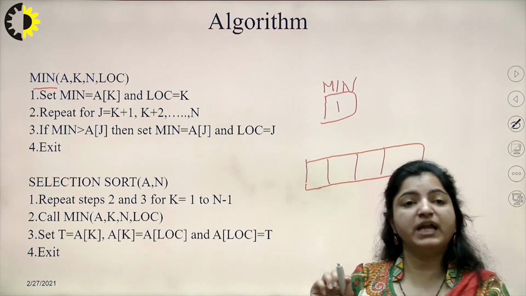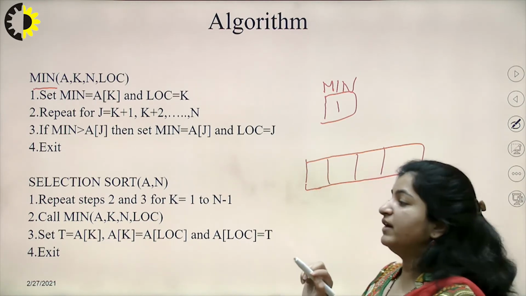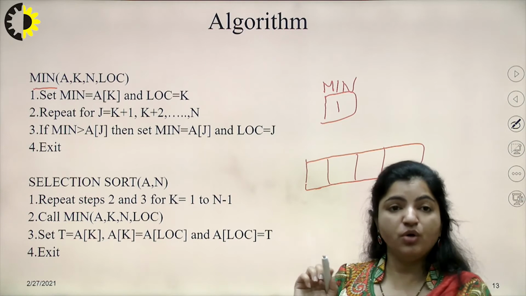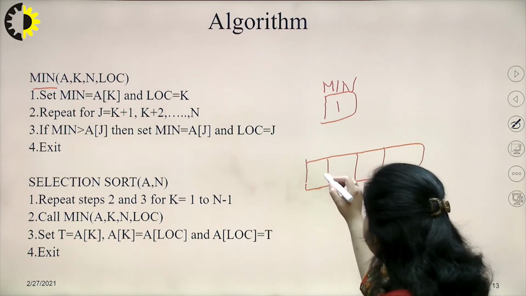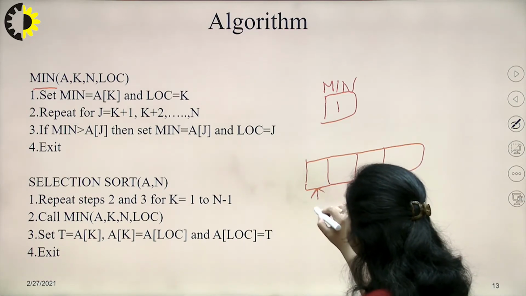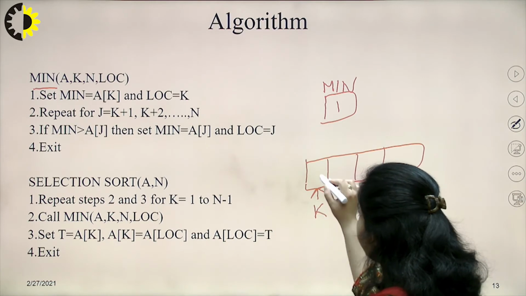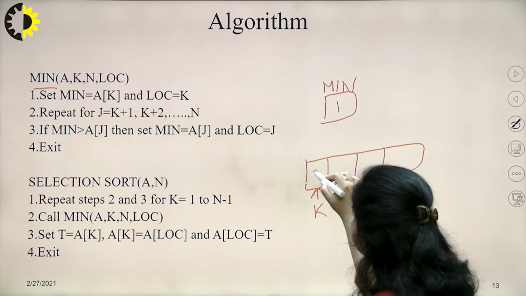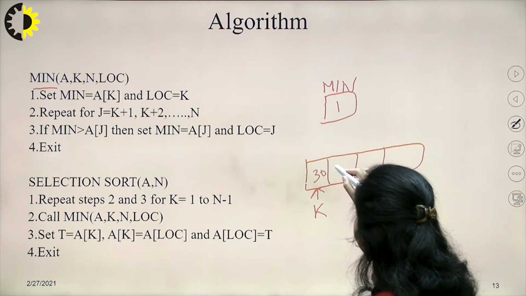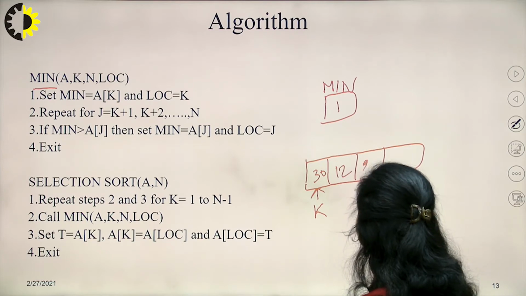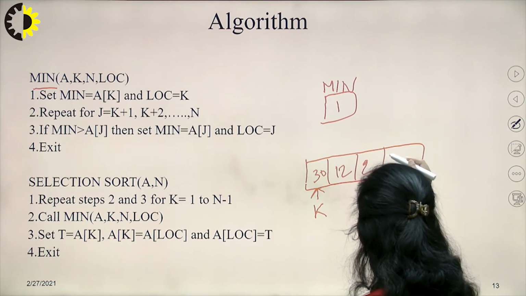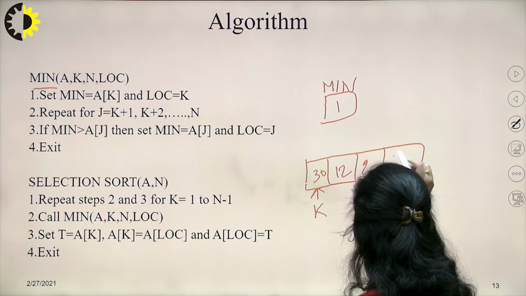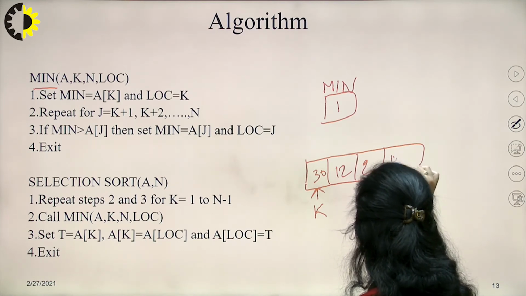In order to calculate this min value, we have to find out the smallest value. So how will we find that smallest value? We will take the very first value of this array, whatever is there. Let's say here we have 30, here we have 12, then we have 2, then let's say we have 40.